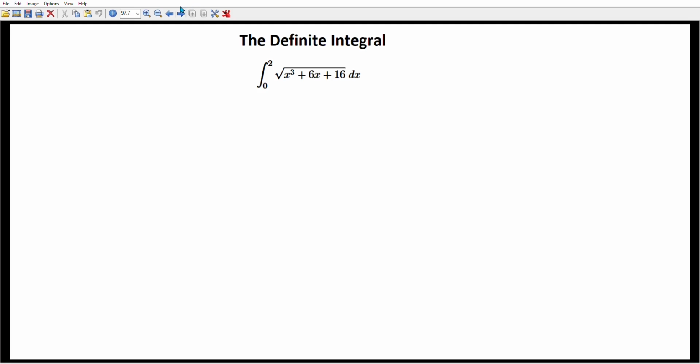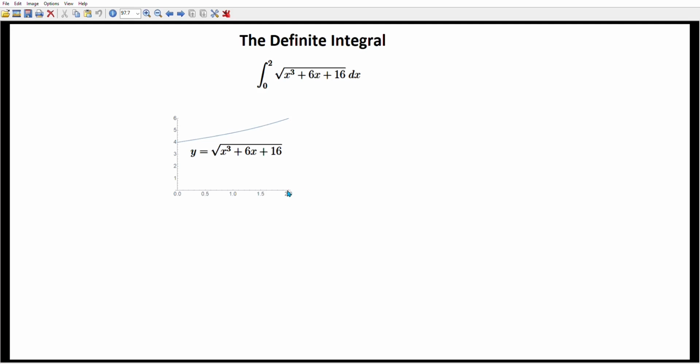And what we do is we look at the graph, and you can see that the graph is that of an increasing function. The smallest value on our interval between 0 and 2 happens at the 0 endpoint, and if you plug in 0, you get the square root of 16, or 4. The largest value occurs at +2.